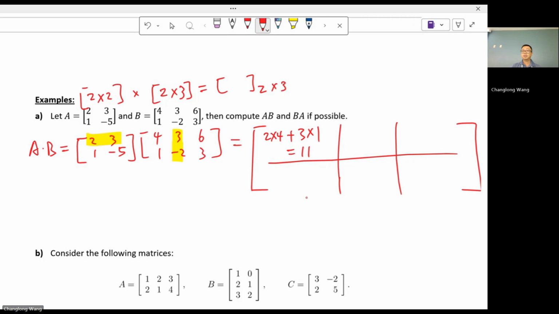What do you get? Oh, say it again. Why is that negative 36? That's why, exactly. That's why we make mistakes as humans, because you might not see it clearly, right? It is 0, right? Because 2 times 3 is 6, 3 times negative 2 is negative 6, added to be 0, right?